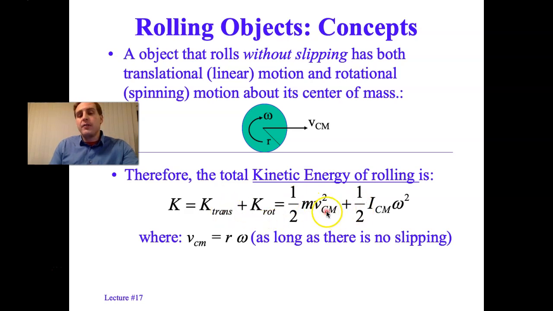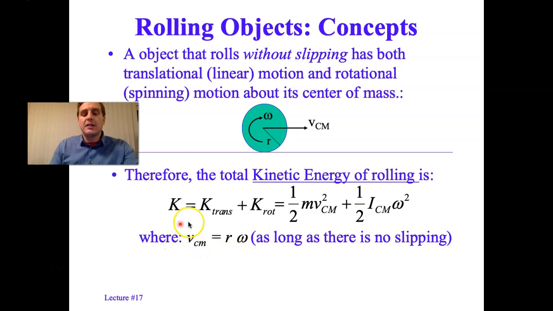Now keep in mind, if you want to simplify this down to one variable or one set of variables, the rotational inertia can be written in terms of mass from a table if you know what the rotational inertia formula is for that extended object that's rotating.